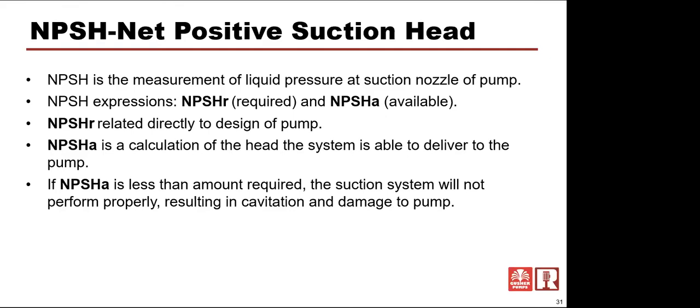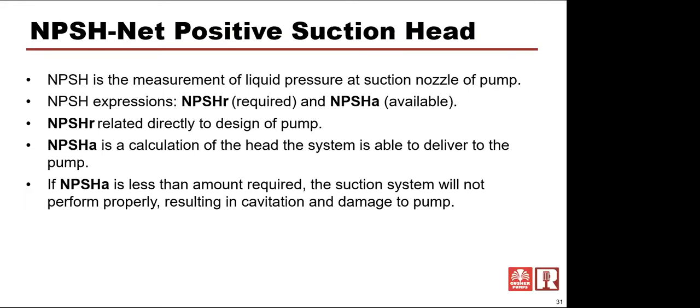And there's two expressions, which is NPSH-R, which is what's required of the pump, and that's something that the manufacturer determines and puts on his pump curve. And there's NPSH-A, which is what you measure as the pressure available in the system. Again, the manufacturer is going to tell you what NPSH-R is.